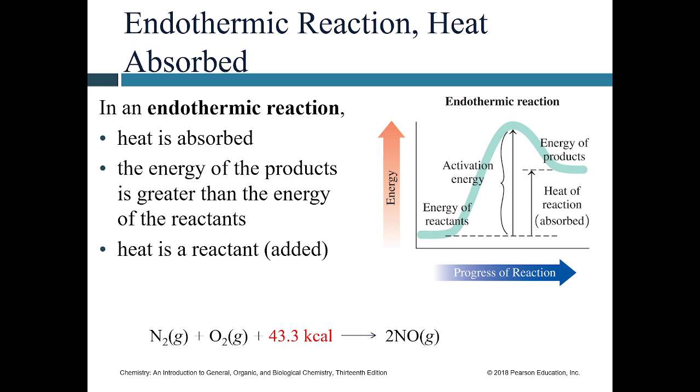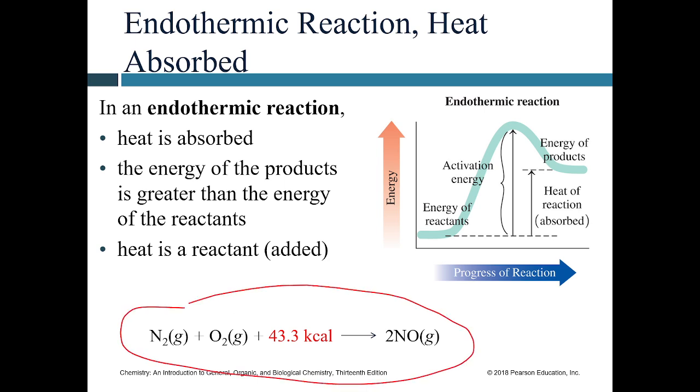So, in an endothermic reaction, we're going to absorb heat from the surroundings. That heat is going to go into the molecules that are being produced, making them higher energy molecules. You can think of it as energy going into the system to bring them up stages. And that is an example right here.